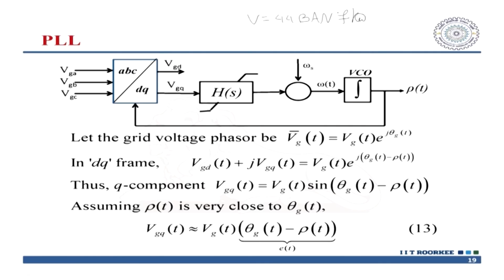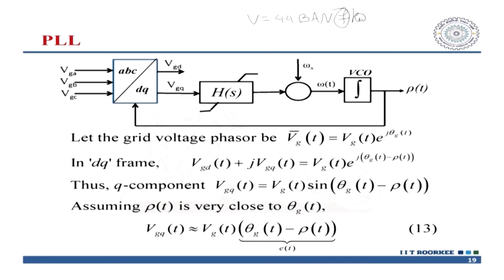So what you essentially require to do is, if you integrate the frequency, you get the theta, very simple. Theta is dimensionless, and frequency has a dimension of 1 by t, so we require to integrate it.